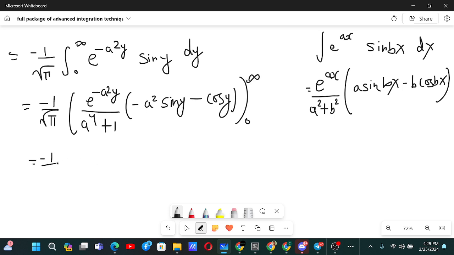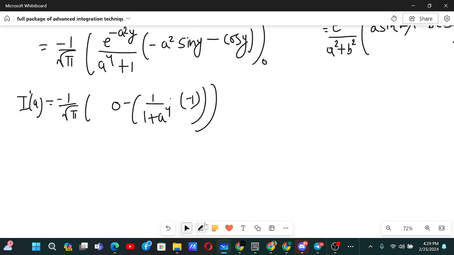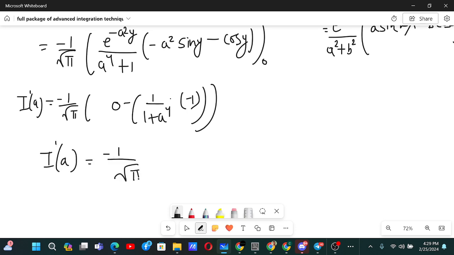So we have I dash of a is minus 1 by root pi, and then this at infinity goes to 0, minus at 0 this is 1 by 1 plus a to the power 4. Over here this is 0, this is minus 1. So we have I dash of a is equal to minus 1 by root pi times 1 by 1 plus a to the power 4.